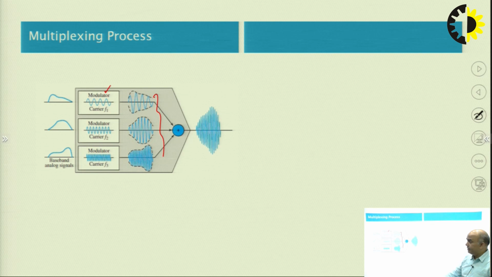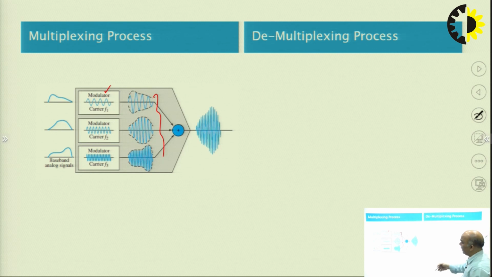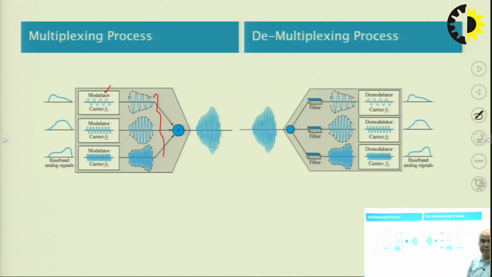Once that is sent, at the demux, it uses the demodulator in order to demodulate all these signals. In this representation, your demultiplexer uses various filters.